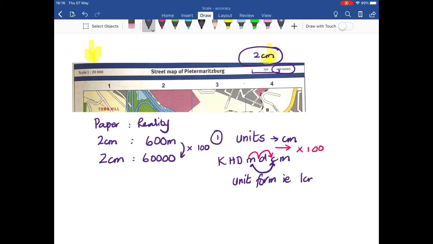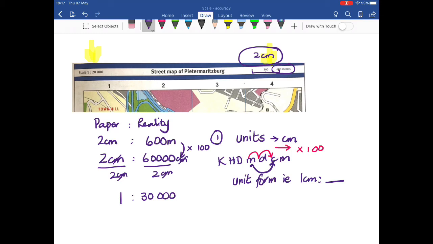Right, the next thing is to write it in unit form, i.e. 1 centimeter to something. So I divide by 2, I divide by 2. So, and these are centimeters. So you see the centimeters are cancelling out. So I have 1 to 30,000.